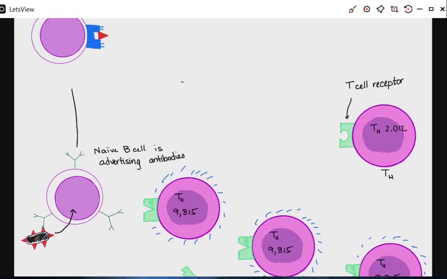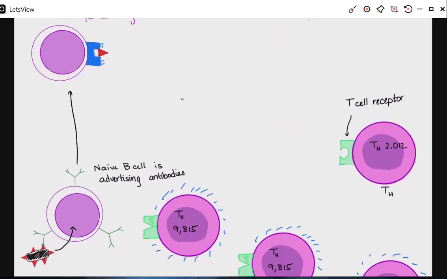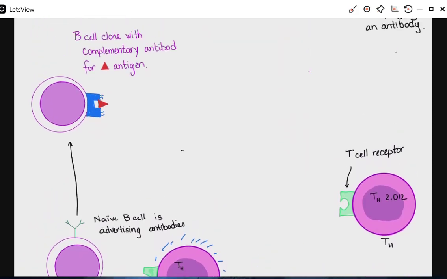So they become antigen presenting. So this is an antigen presenting B cell. And once it's an antigen presenting form, it no longer displays its antibodies. It doesn't need to. It fished out what it wanted.